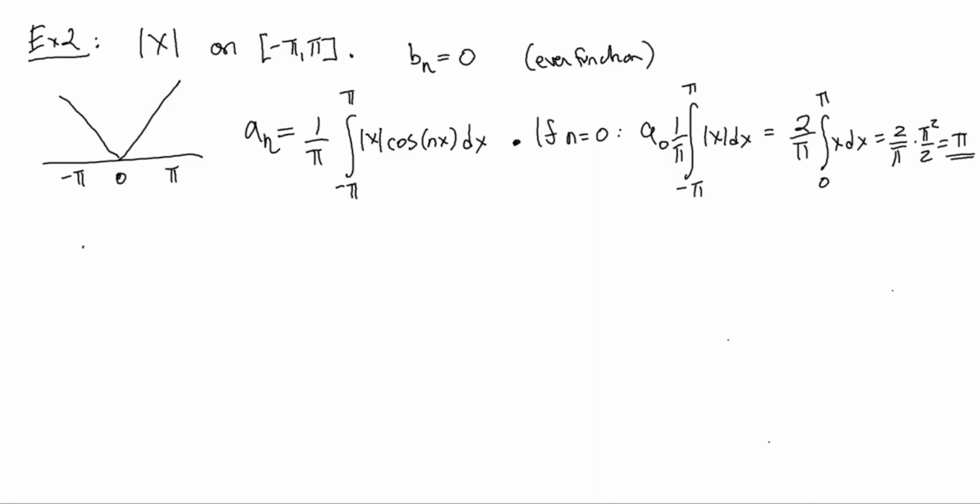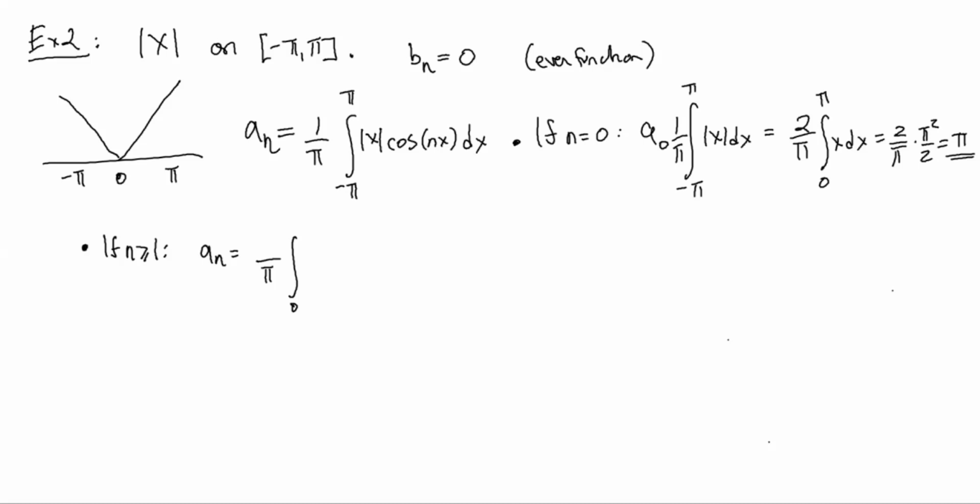Let's now calculate the other Fourier coefficients. Well, an is going to be 1 over pi times the integral. Again, this is an even function, right? Both cosine nx and absolute value of x are even functions. So this is going to be twice the integral from 0 to pi.